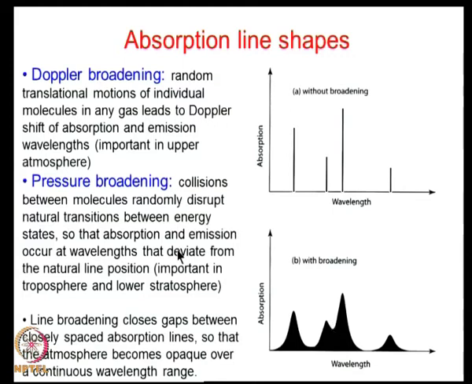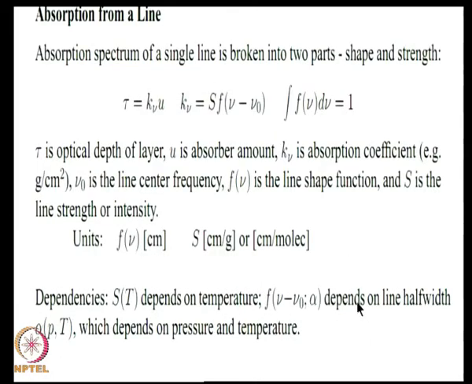The two broadenings that we discussed, one due to temperature, the other due to collisions, broaden the line and lead to a lot of overlap, and you have to account for all this to be able to accurately estimate heat transfer.